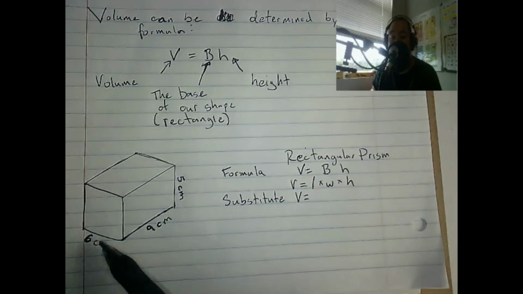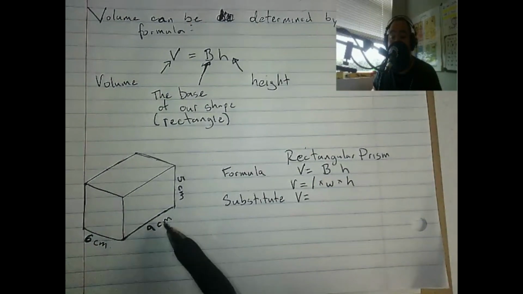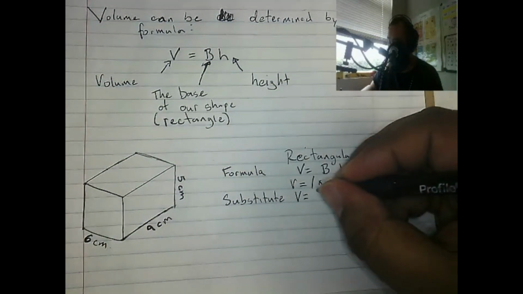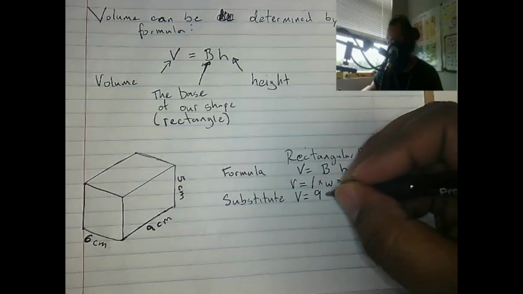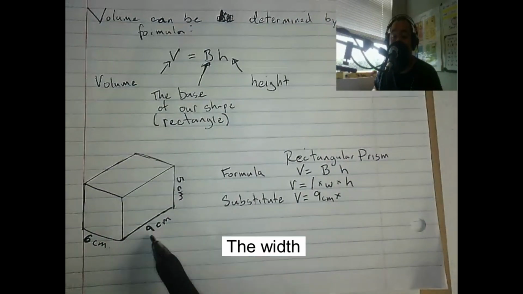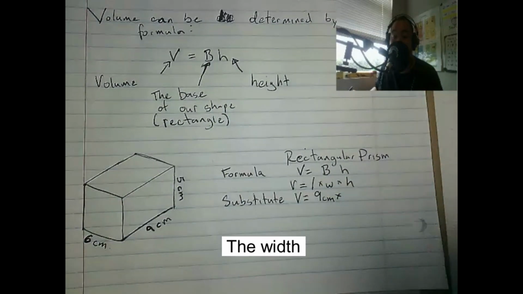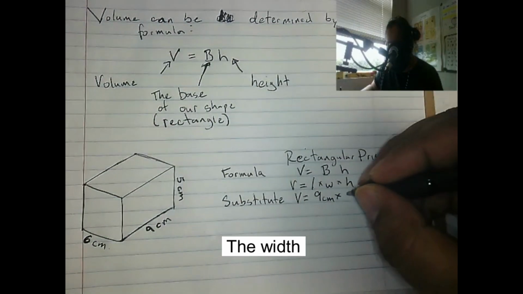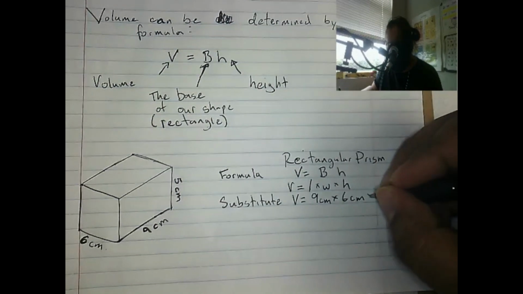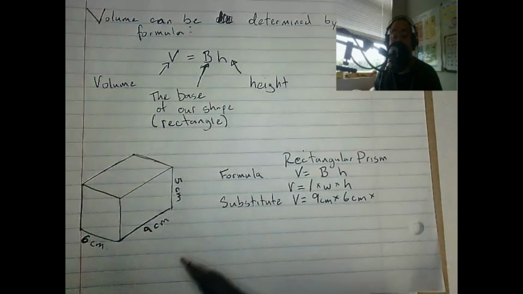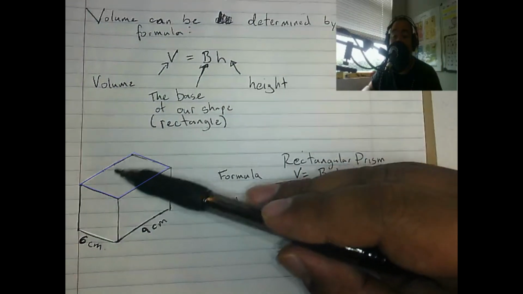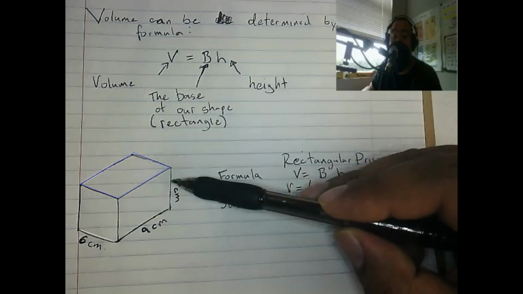So between 6 centimeters and 9 centimeters, 9 centimeters is going to be my long side. So I'm going to multiply 9 centimeters for my length, times my wider side at the base, which is going to be 6 centimeters. And then my height is how far my two bases are from each other. So the base at the bottom, my base at the top, and the distance between those two bases is 5 centimeters.